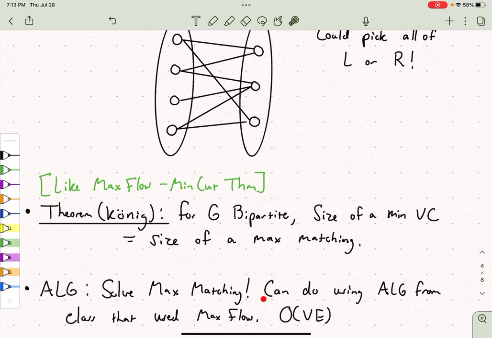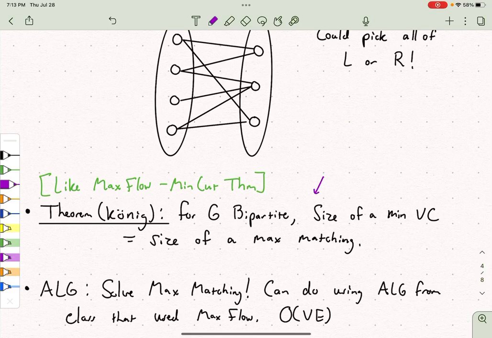So in particular, we're using the algorithm from class, which used max flow as a subroutine, and so it runs in O of V times E time overall. So although we'll end up proving this theorem, this is really just the key claim to prove our algorithm is correct. So we're not using the theorem, we're proving it.